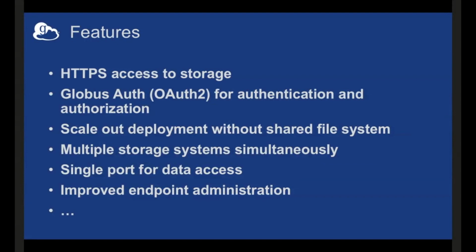And then another one that the version 5 targets is single port for data access. This is probably one of the often asked features for us, which is not having to open up the ephemeral data access ports on the GridFTP server, but be able to do the single port. And then we're also looking at various improvements to endpoint administration.